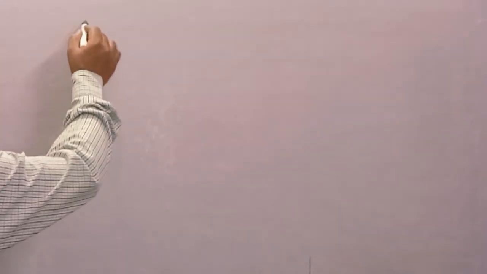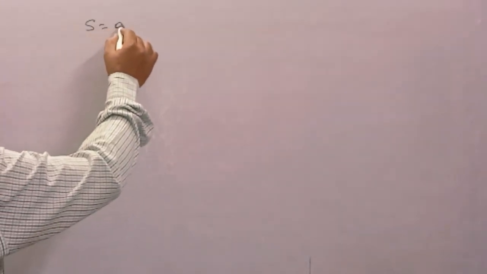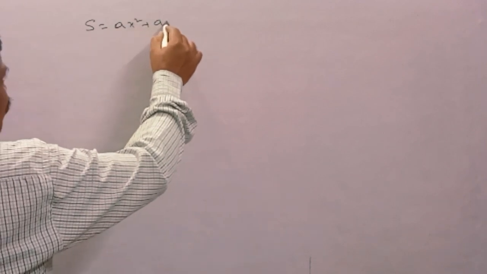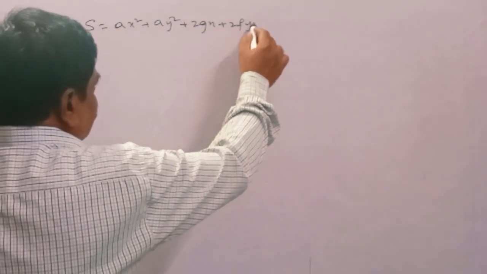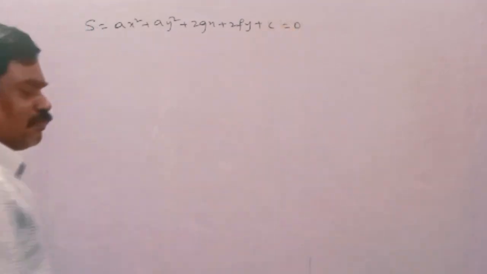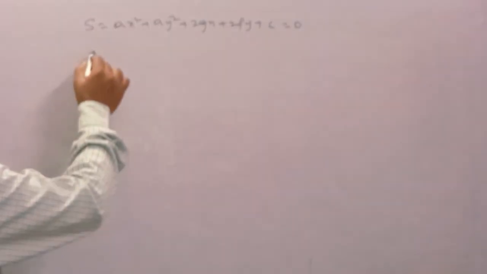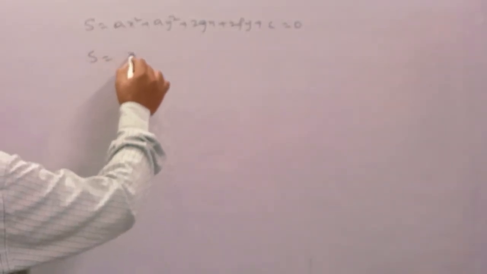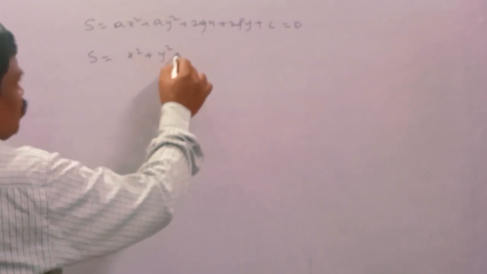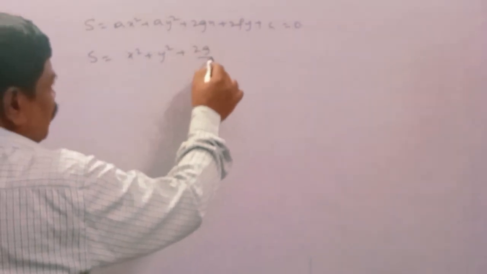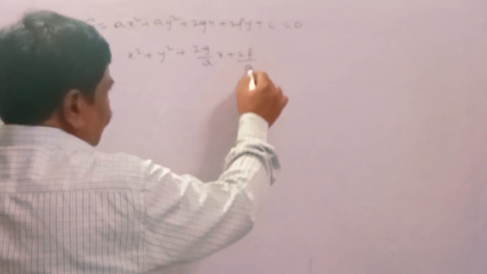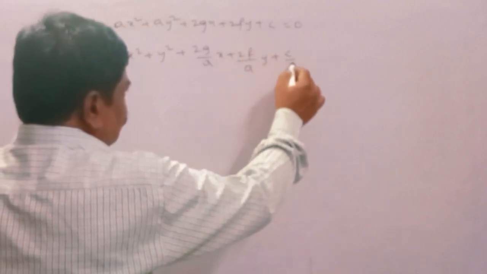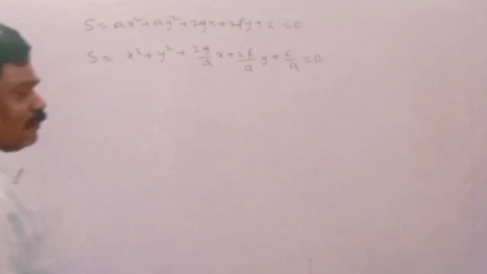If the circle is in the form of S is equal to ax square plus ay square plus 2gx plus 2fy plus c equal to 0, then we can convert it as x square plus y square plus 2g by a x plus 2f by a y plus c by a is equal to 0.